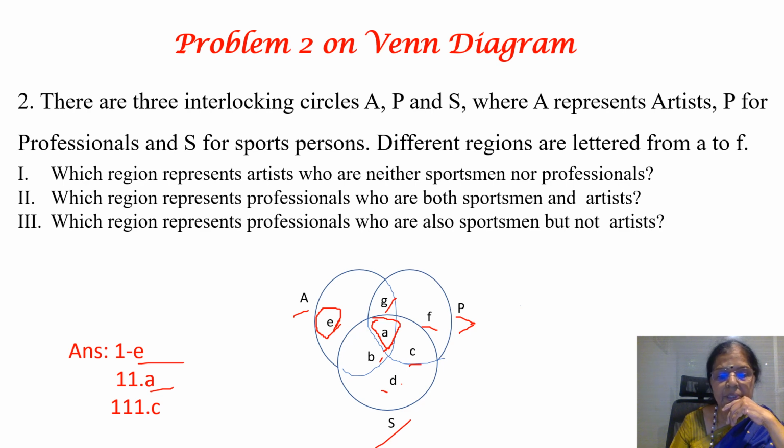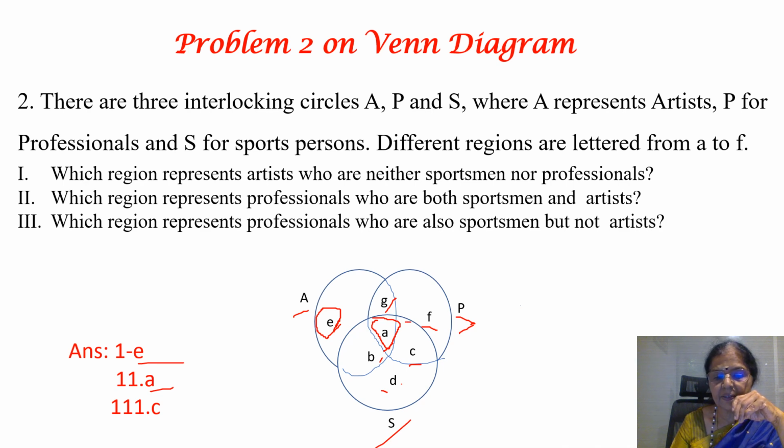And look at the third question, which says: which region represents professors who are also sportsmen but not artists? So look at the professor's region. P is the professor's circle, and it should have intersection with sportsmen but not artists.